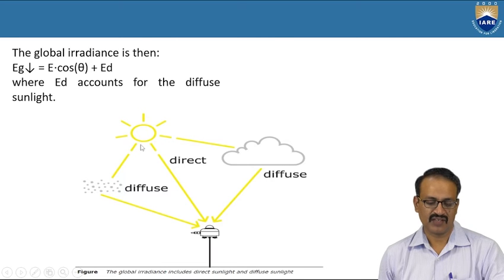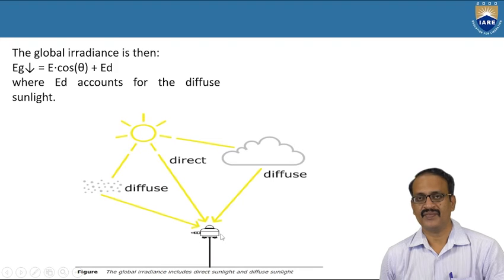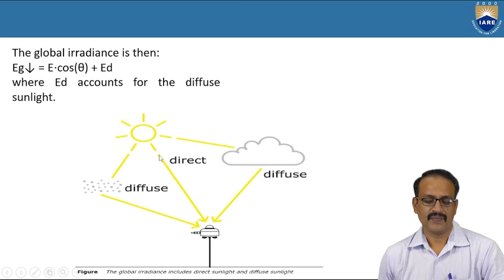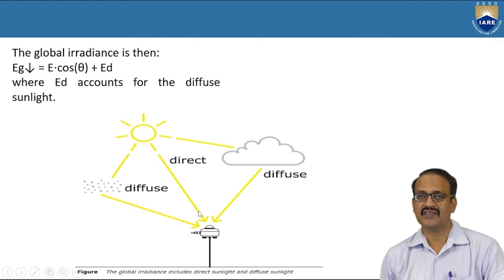So here you can observe, this is the pyranometer. This is the flat surface. We have placed it here on some arrangement. And here you can see the sun's rays coming directly onto it, so it is measuring this, and also the diffused light due to some water vapor.